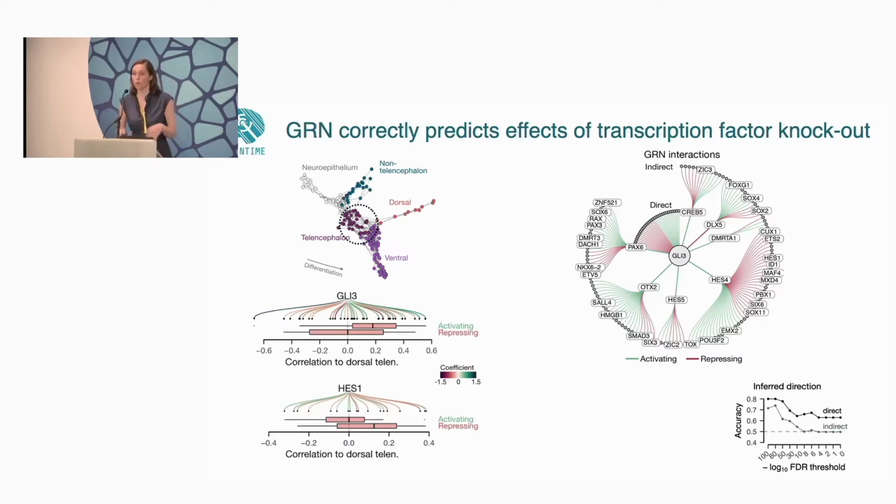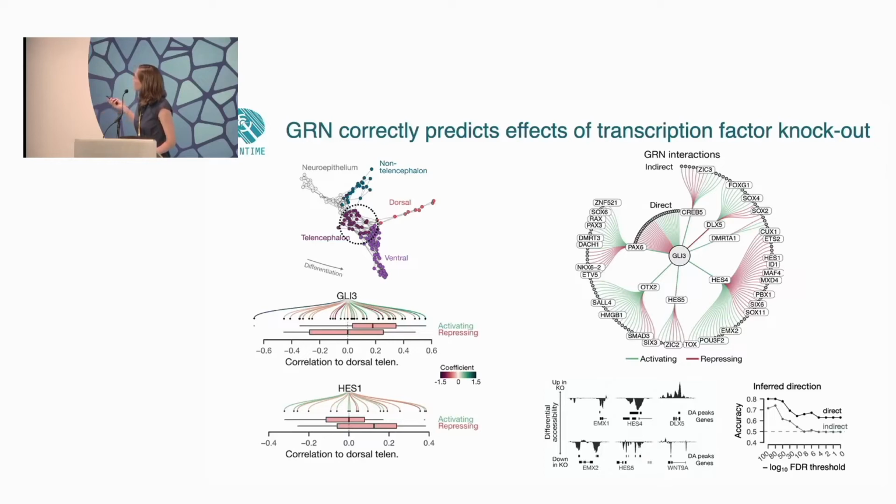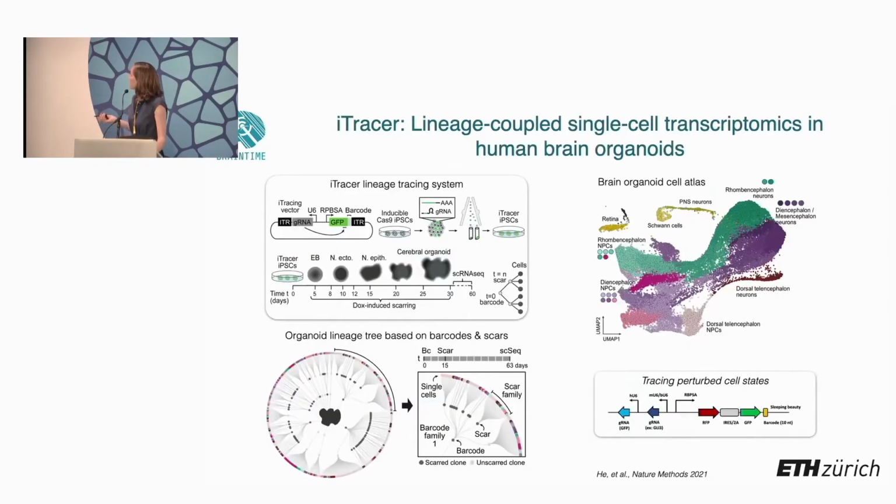And HES1 has repressive interactions with cortex genes. Overall, we could dive in even more and look at the genes that are perturbed in the GLI3 knockout case. These were all targets that were predicted from the GRN as direct or second layer interacting genes, which was very encouraging that these GRNs can be meaningful.